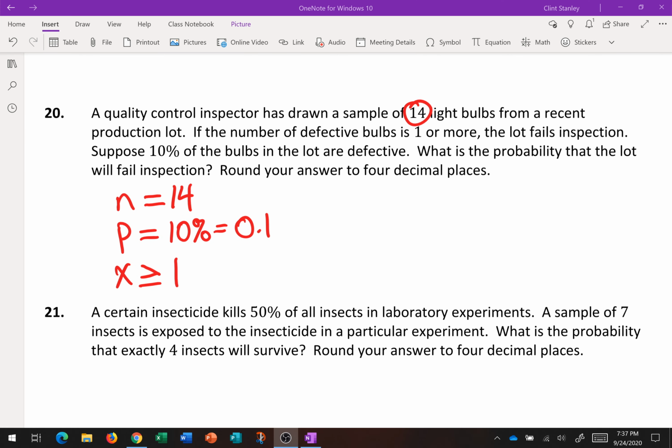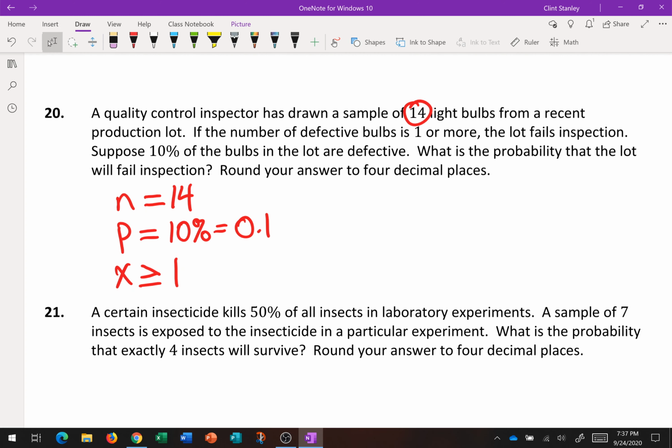Oh, so we should mention, since we want not equal to some number, but greater than or equal to some number, then we will use the cumulative binomial table. But wait a second though, because the cumulative binomial table gives us the probability of being less than or equal to some number.